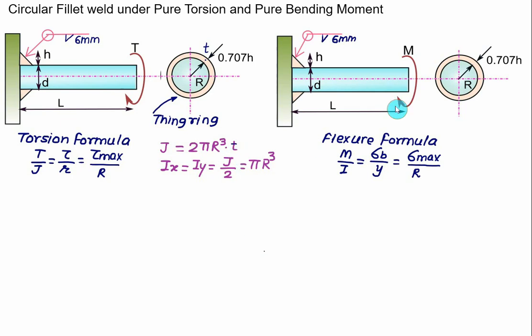And if it is subjected to pure bending moment, then you can use the flexure formula M by I equal to sigma maximum, the normal stress, divided by the radius R of the shaft, and the value of I is equal to pi R cube t.